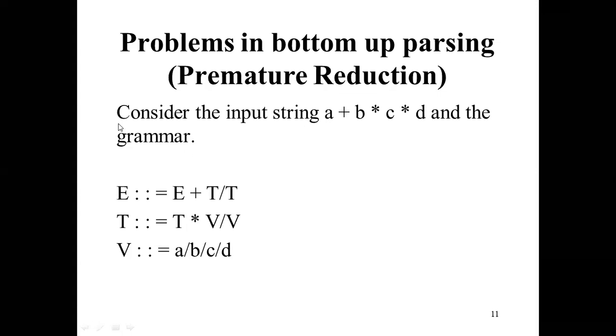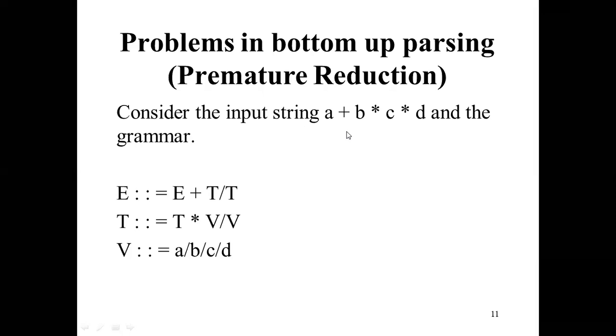Okay, again now proceed: problems in bottom-up parsing, premature reduction. In this case, if the grammar is ambiguous, then such type of premature reduction may occur.